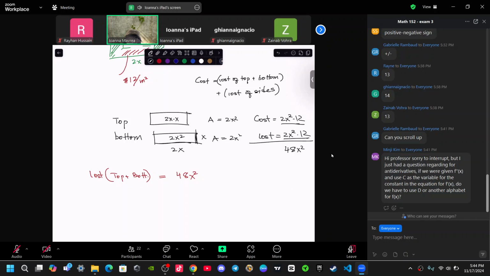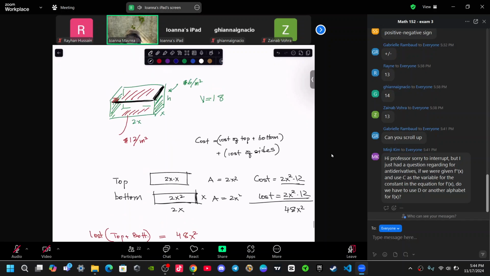And now we're going to do the sides. So the sides don't all look the same. Those two look the same, right? So those two have base x and height h. So the area for each one of those two, same thing here, is xh area. Okay.